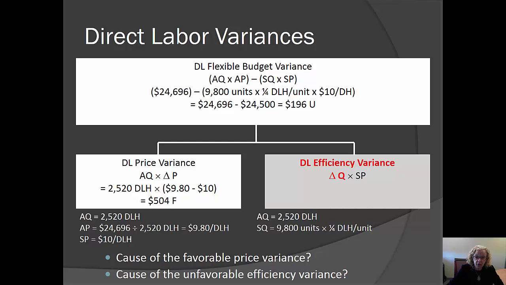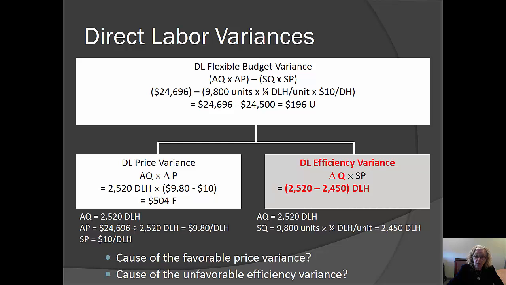For 9,800 units, if we expect to use a quarter of a labor hour per unit, that tells us that our flexible budget standard at the actual level of activity would be 2,450 labor hours.